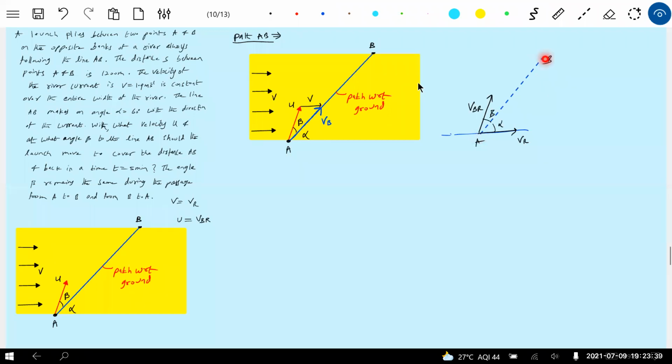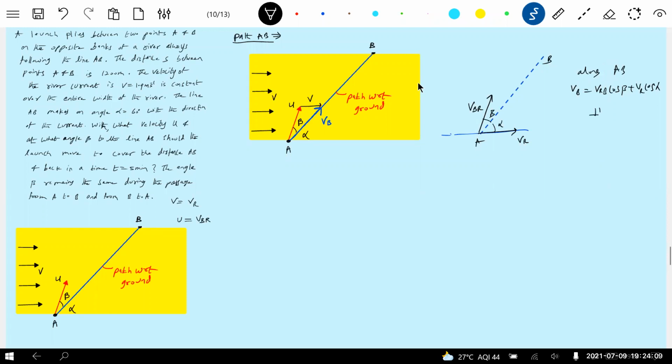So what should be the components of the velocities of the boat with respect to river and the river, perpendicular to the path AB? They should be equal. So what should VB be? VB should be equal to VBR cos beta, plus the river component. I'm slightly deviating from what we earlier brought here. This is along the path.